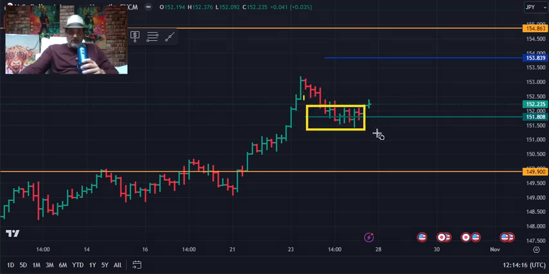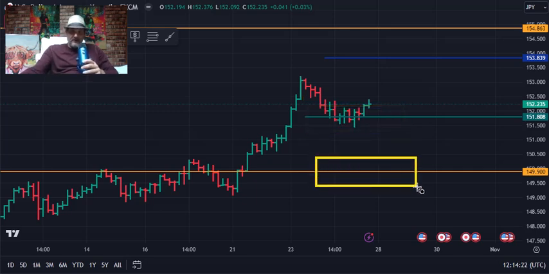This is a small volatility support right there. The major volatility support is down here. So what I'm thinking is that we will possibly get a slight retrace down to like 150, 150.70, 151 the figure area.